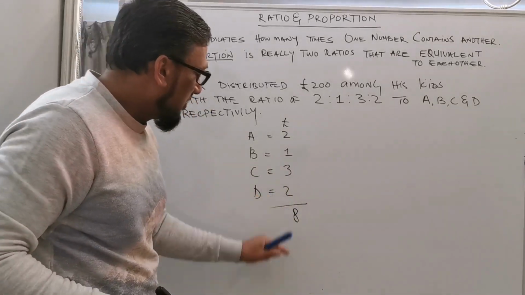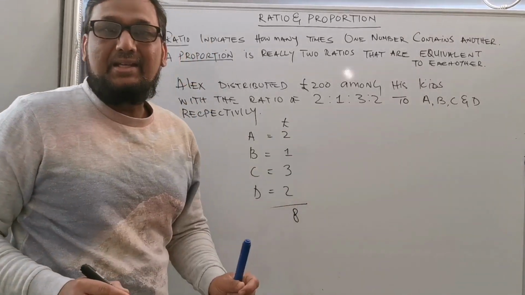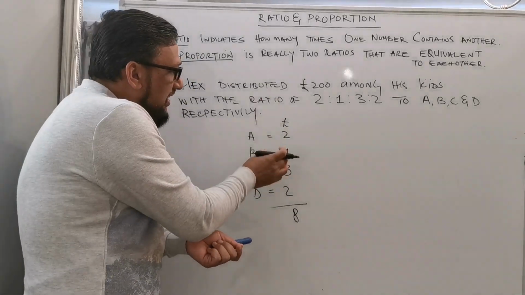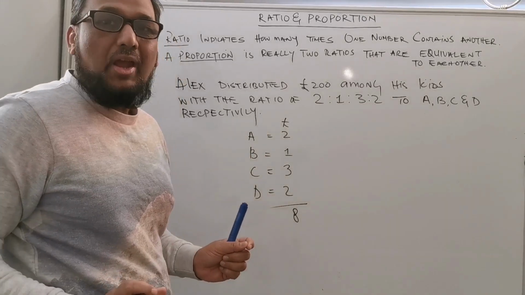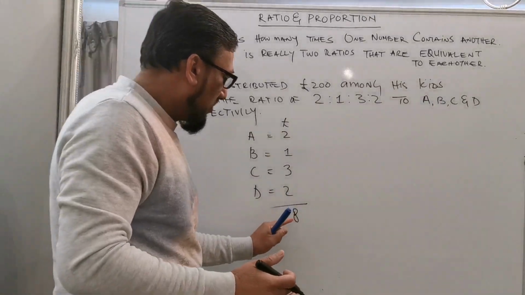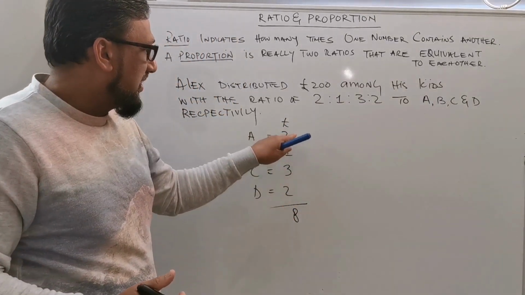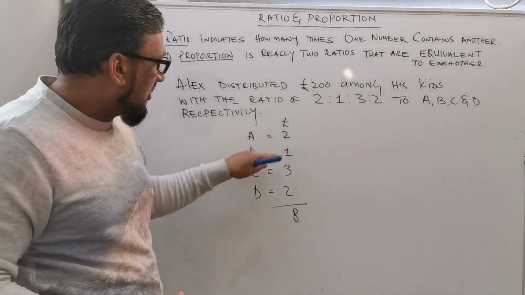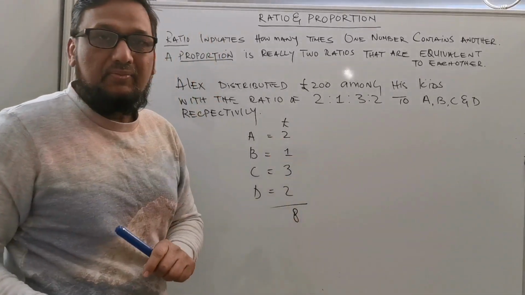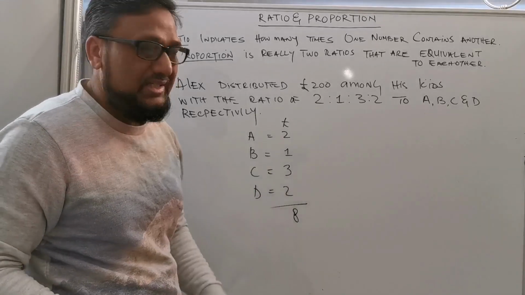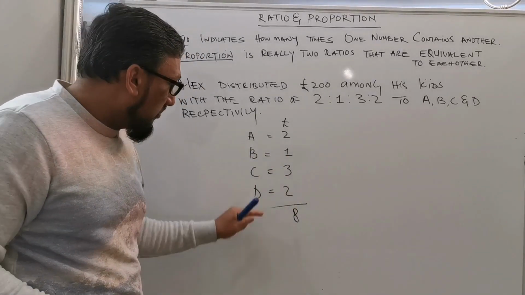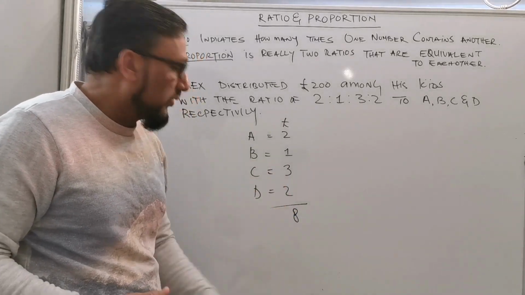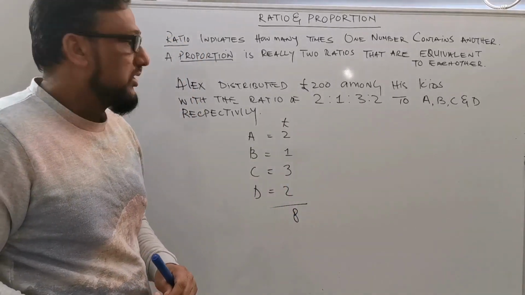So I can say that Mr. A gets 2 pounds out of 8. For every 8 pounds, Mr. A gets 2 pounds, Mr. B gets 1 pound, Mr. C gets 3 pounds, and Mr. D gets 2 pounds.